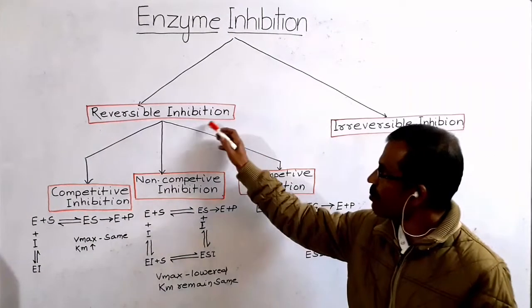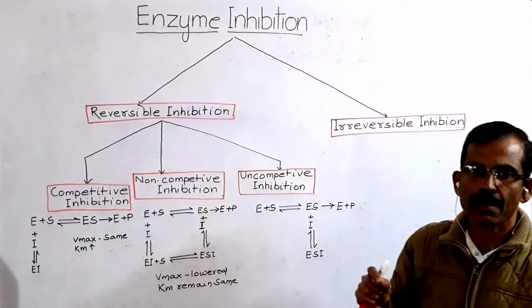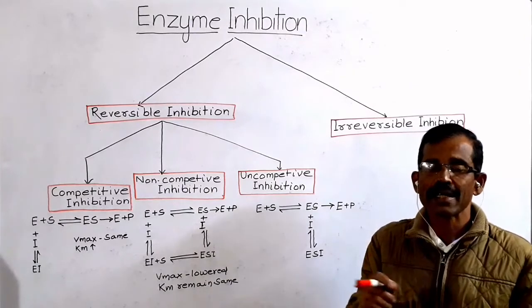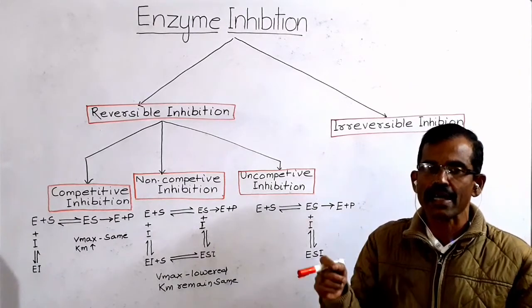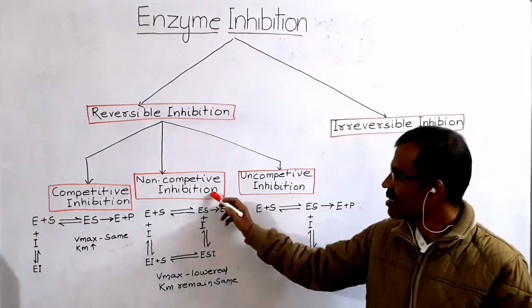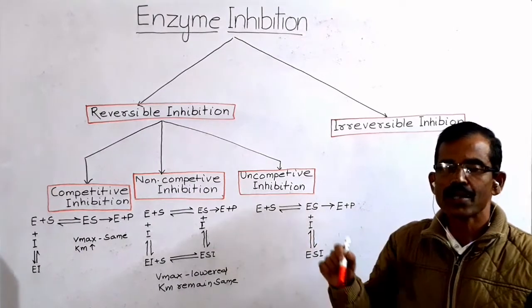The second type of reversible inhibition is non-competitive inhibition. In this type of inhibition, the inhibitor binds at a site other than the active site of the enzyme. The specific site at which the non-competitive inhibitor binds is known as the allosteric site.